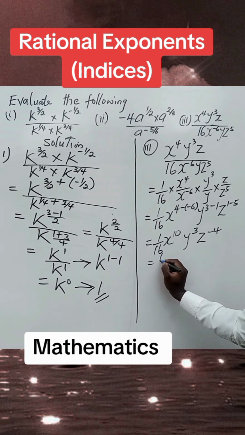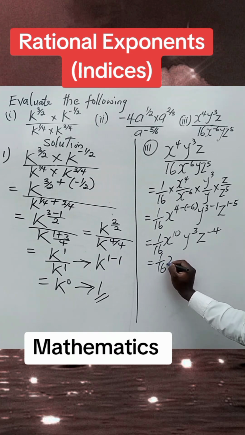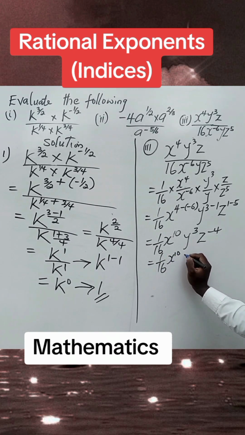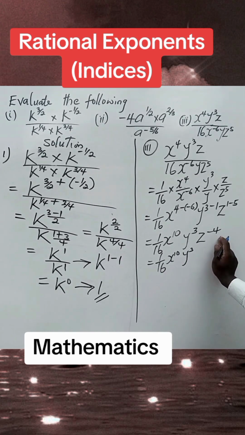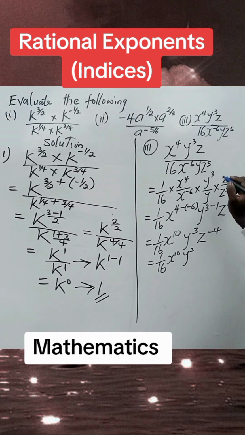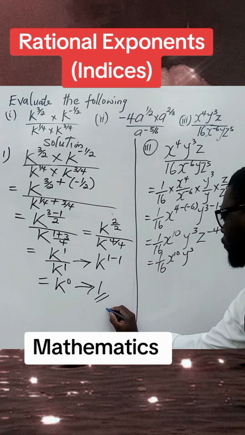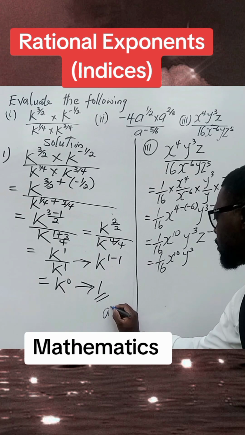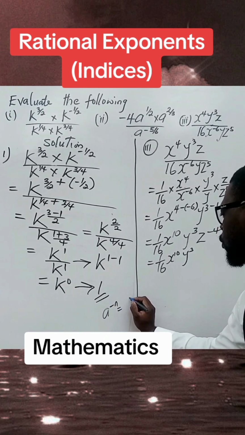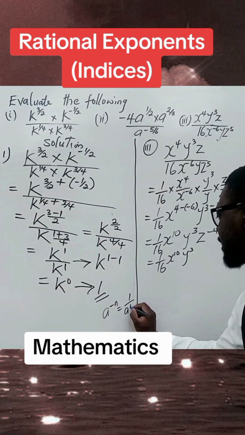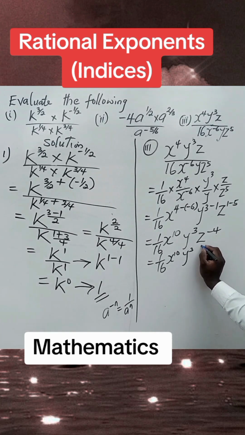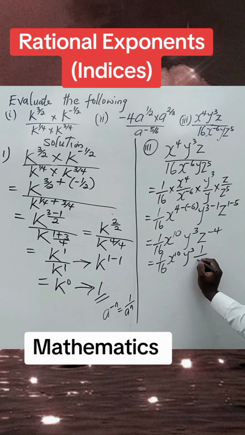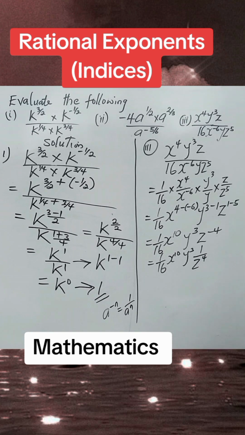So this one is 1 over 16, x to the 10, y to the 3, and z to the minus 4. I apply the exponent law that says a to the minus n is 1 all over a to the n. So it will be 1 all over z to the 4.